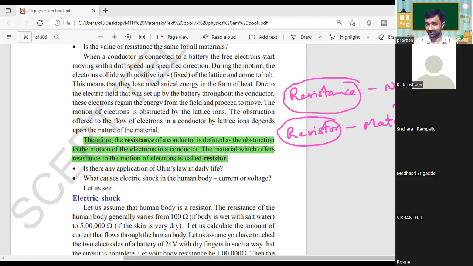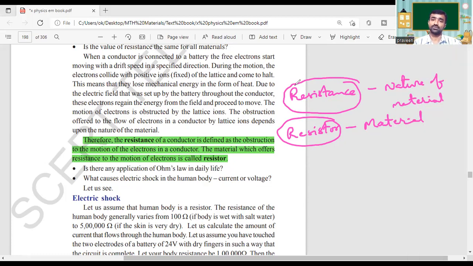Which we cannot see, which we can see. The resistance you are able to measure, and the resistor is the material. Okay, so understand what is resistance, what is resistor.